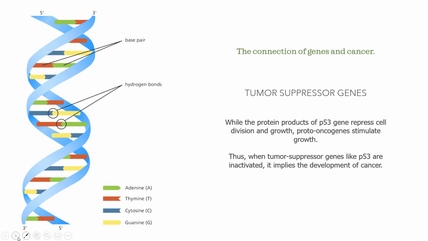So, two scenarios in there. Ano yung mga pwedeng mangyari sa cell para magkaroon ng cancer? Una sa lahat, ang pagkaka-activate ng proto-oncogenes into oncogenes. And pangalawa, is yung pagkaka-deactivate naman ng mga tumor suppressor genes tulad ng p53.